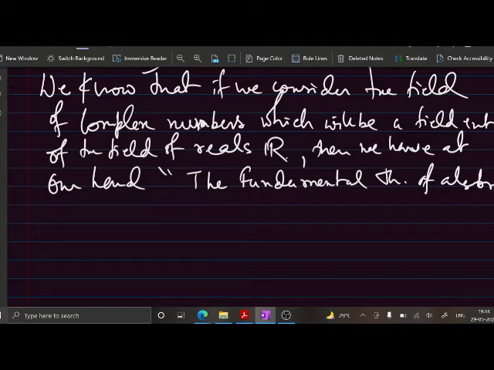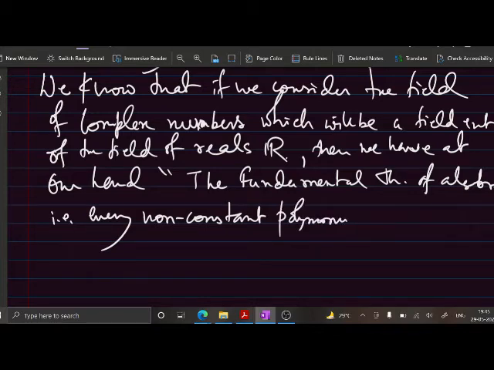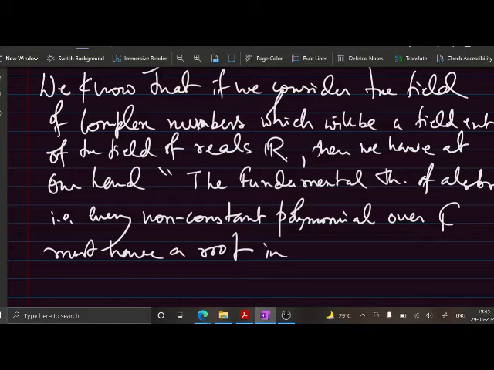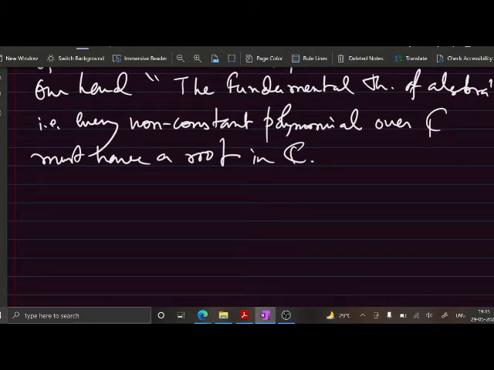That is, every non-constant polynomial over C must have a root in C. Every non-constant polynomial with complex coefficients must have a root in C. Now, in particular, if you take real coefficients, they are complex numbers.